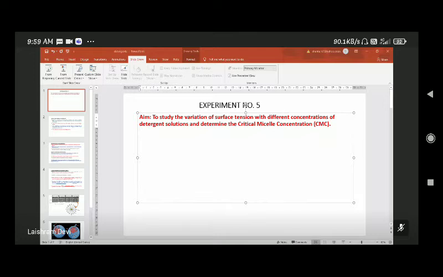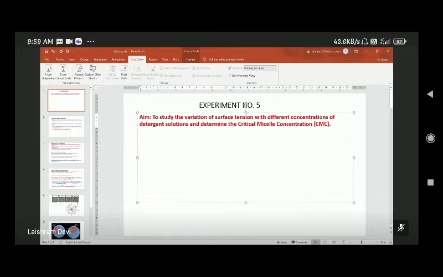We call them surface active because when we add them to a solvent, water or any solvent, they will not be present in the bulk of the solution. They have a tendency to float on the surface, to be present on the surface of the liquid. That's why we call them surface active substances. Is the definition of surfactants clear?